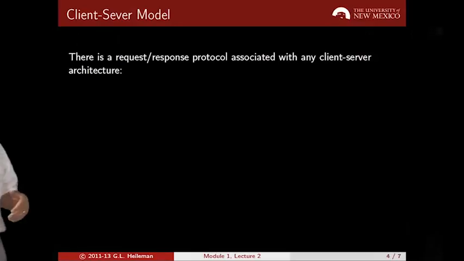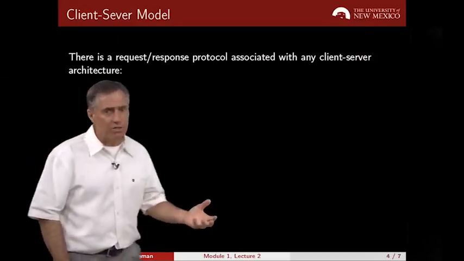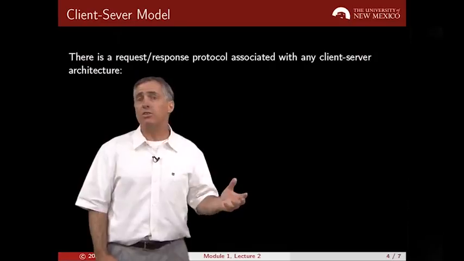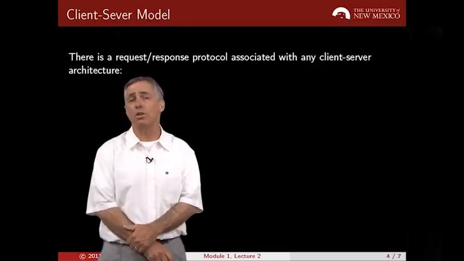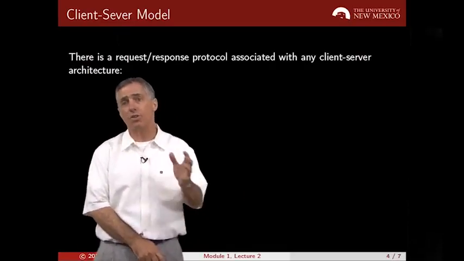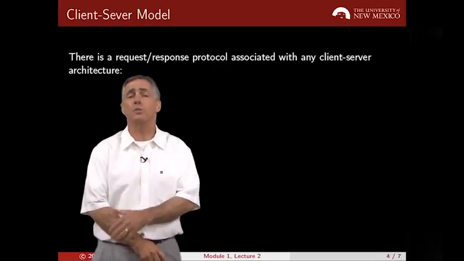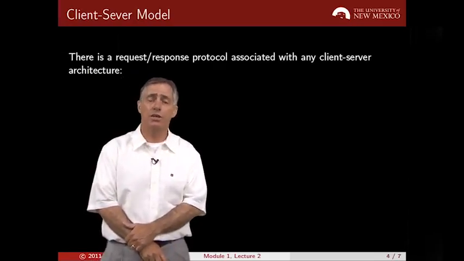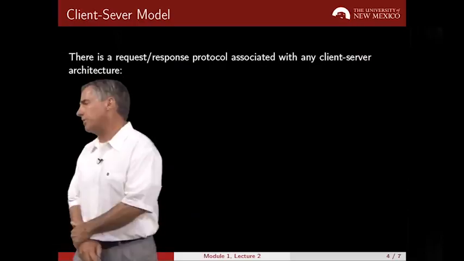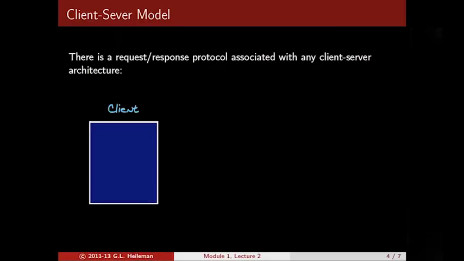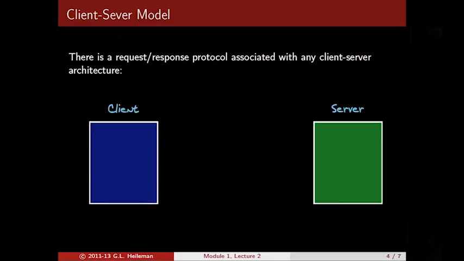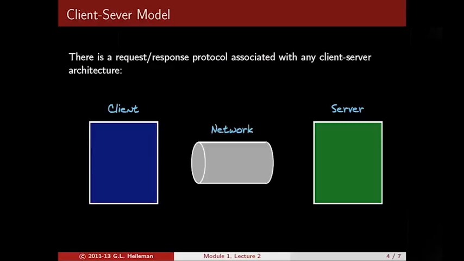So this request-response cycle is what web applications are all about. It's just that what happens on the server side gets more and more complicated, as we'll see when we look at more sophisticated web applications. So here we have a client, and here's our server, and here is the request-response protocol that takes place over a network.